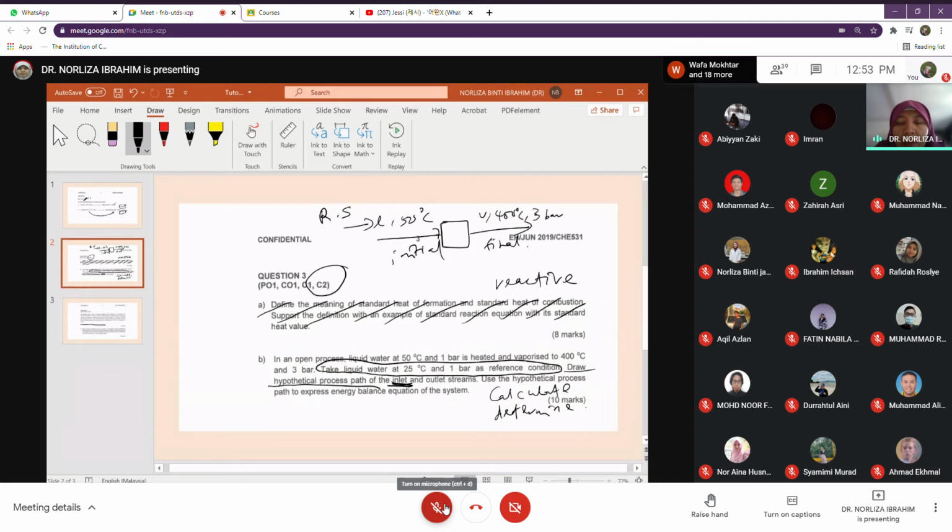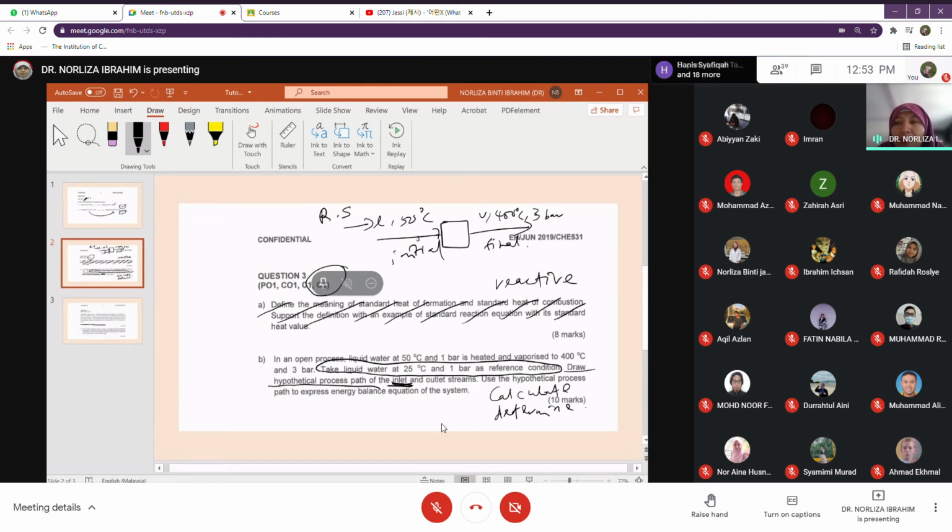How many paths do you get? 5 for inlet. Kasha got 5. 6. Najmi, how many? 3. 6. 6.